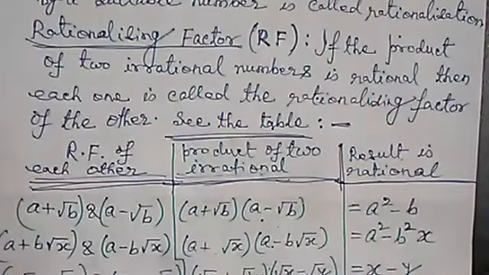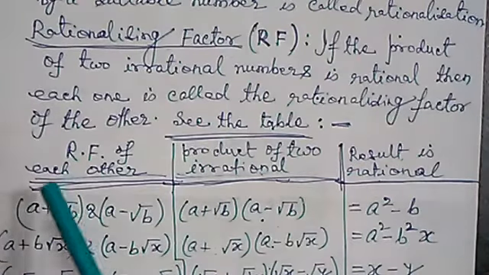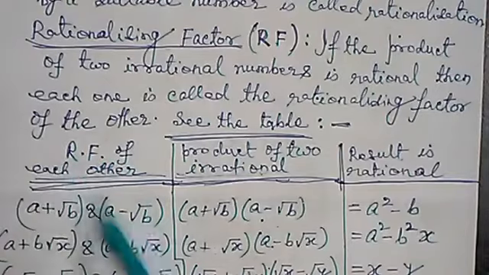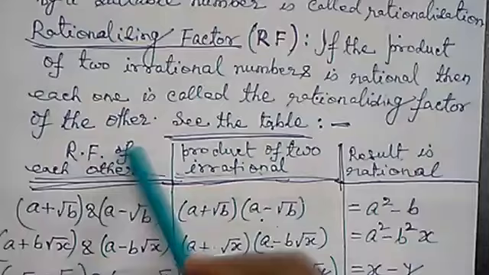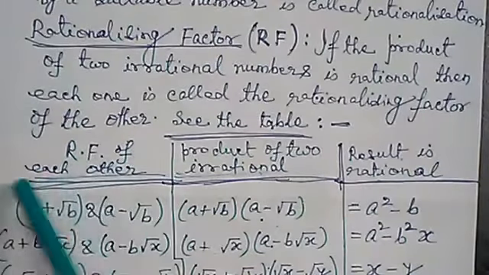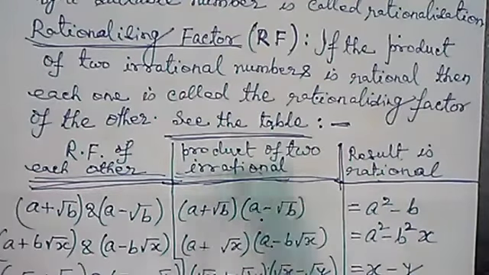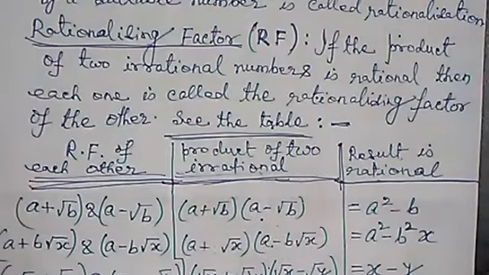Now here is a chart, see the table. In the first column I have collected the rationalizing factors of each other, and in the second column the product of the two irrational numbers.